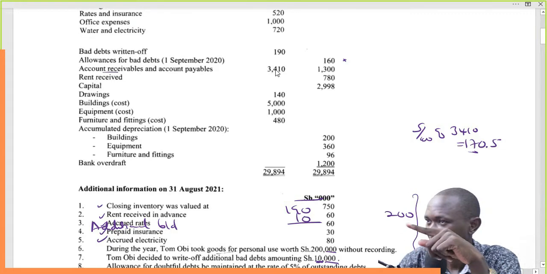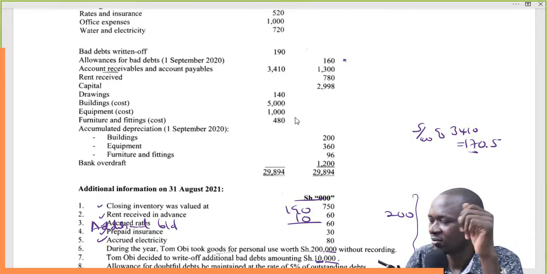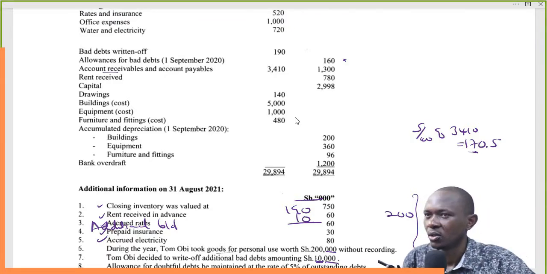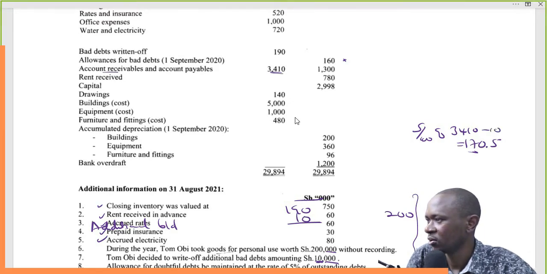That 410 minus 10 is 34. I think let's do that. So this will be 34 bad debts, and then we create now the provision. So we'll have to take that 410, which is accounts receivable, minus 10. You know, 10 is the additional bad debt that was just factored in.